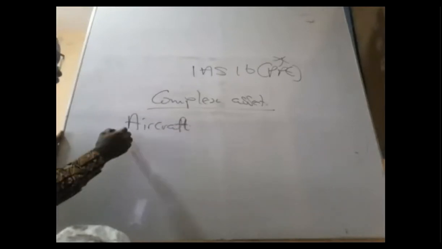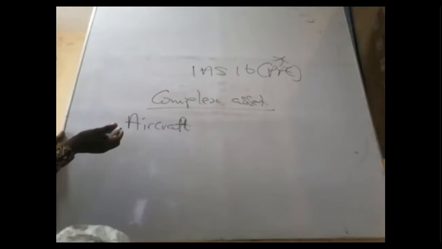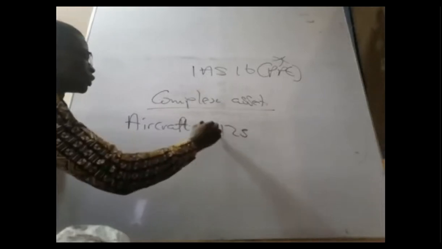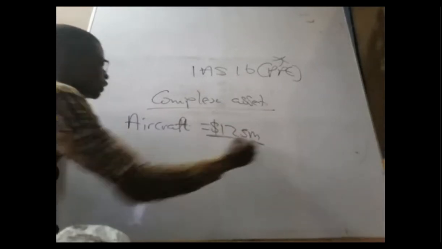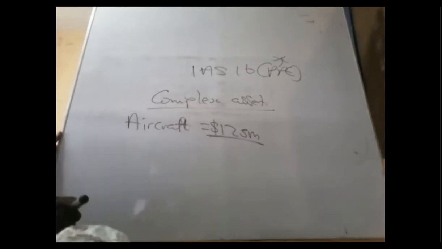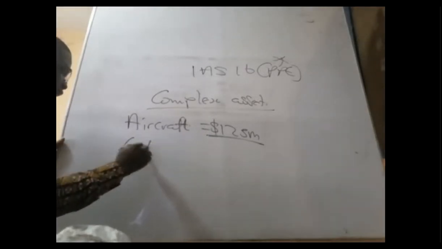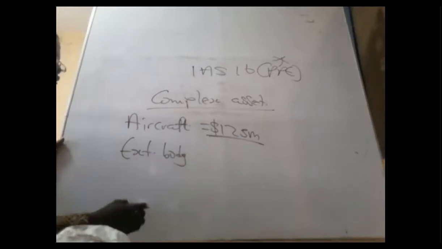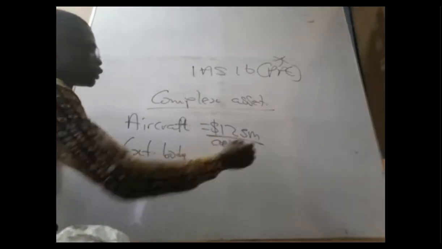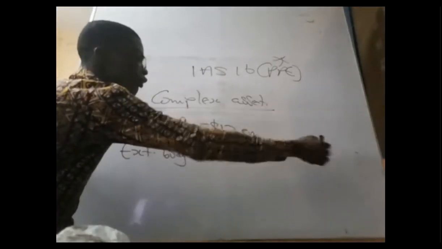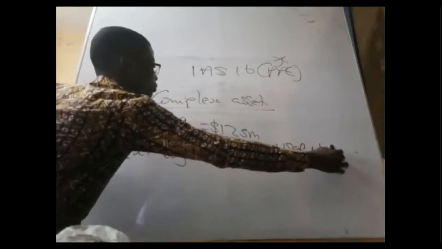If you take an aircraft, let's look at the components. Assume that a company acquired an aircraft at a cost of $125 million. That's the total cost of the aircraft, but this is the breakdown, the composition. The exterior body, and let's put cost here, and let's put useful life here.